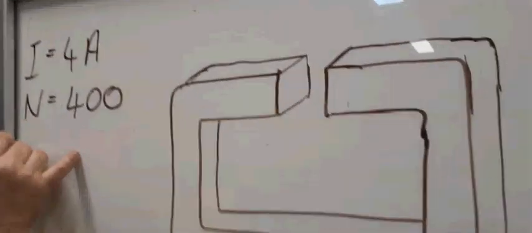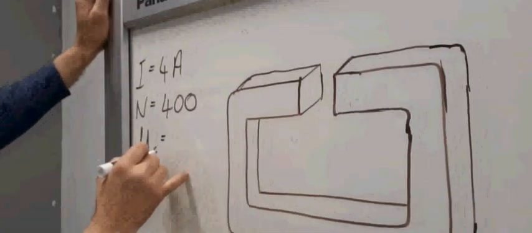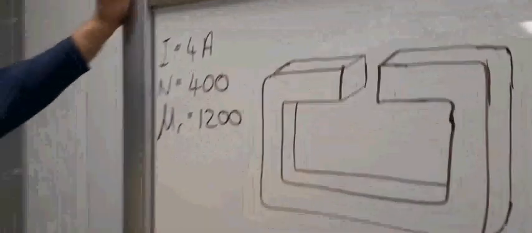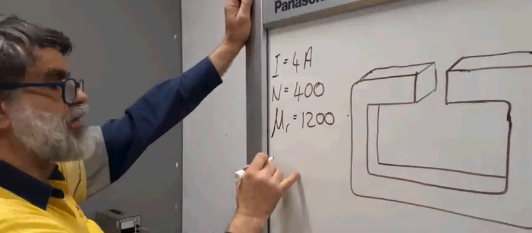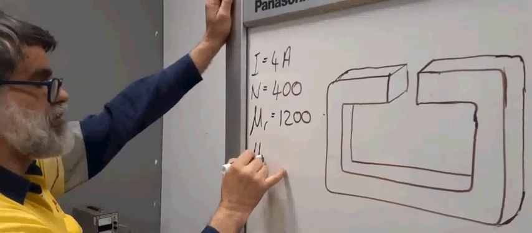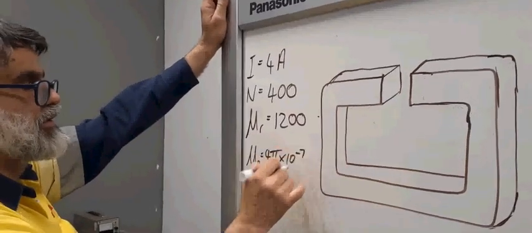So we said that the relative permeability of the steel is 1,200 times better than that of air. We said that we had the 400 turns. Then we said that the absolute permeability of the air is 4 pi times 10 to the minus 7.